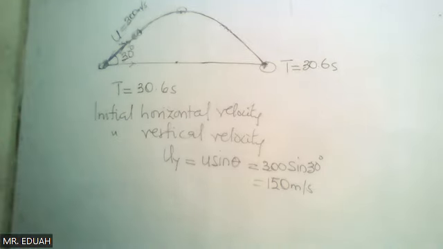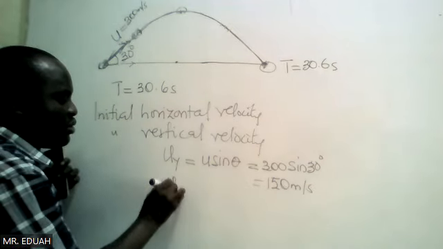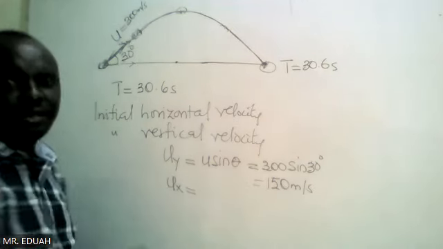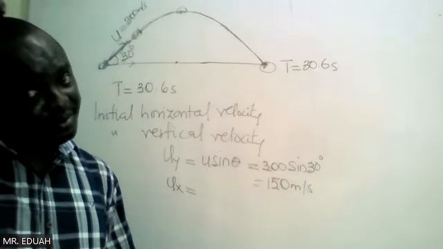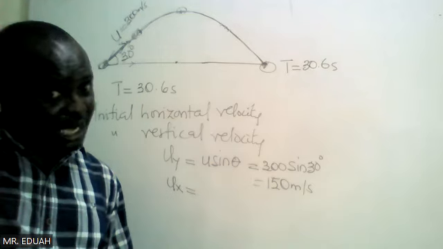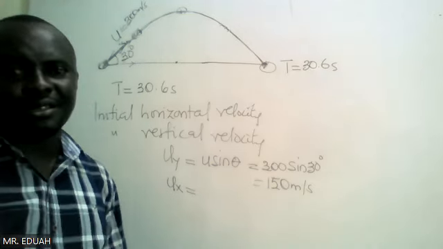Then what about the initial horizontal velocity, ux? How do we calculate the initial horizontal velocity?